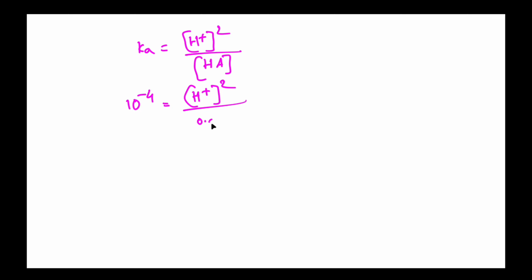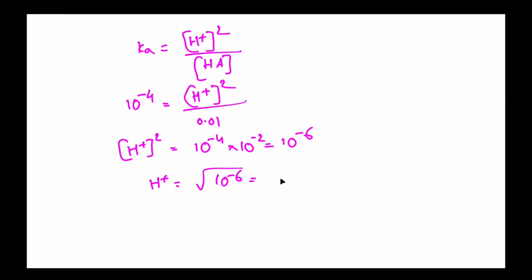In that Ka they given, that is 10 power minus 4, HA value, that is 0.01. From that H plus whole square is equal to 10 power minus 4 into 10 power minus 2. So this total value is 10 power minus 6. From that H plus is equal to root 10 power minus 6, that is 10 power minus 3.